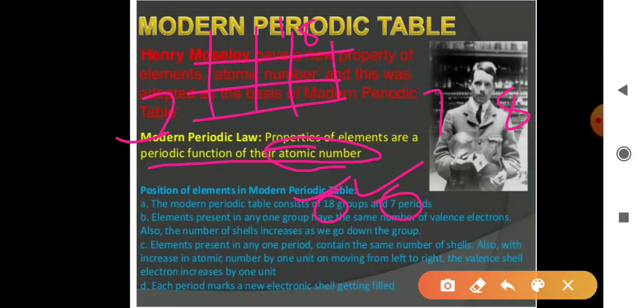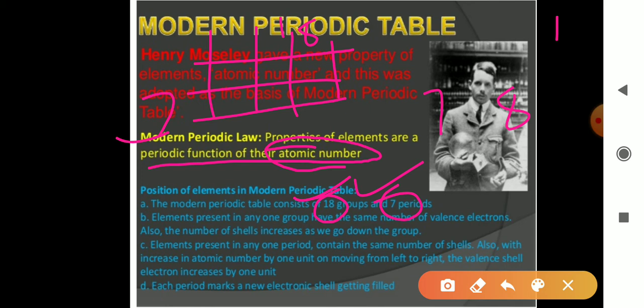Elements present in any one group have the same number of valence electrons. Also the number of shells increases as we go down the group. If we consider one group, the valence electrons are the electrons present in the outer shell.